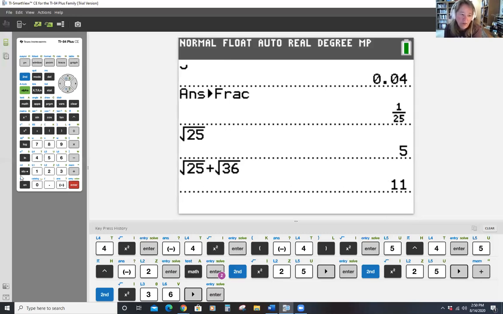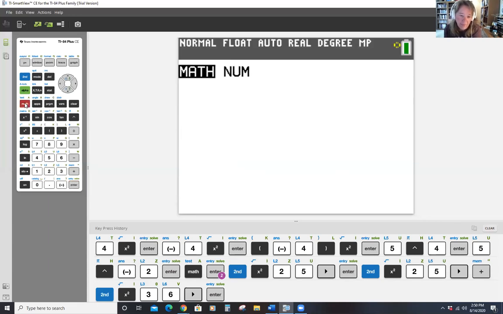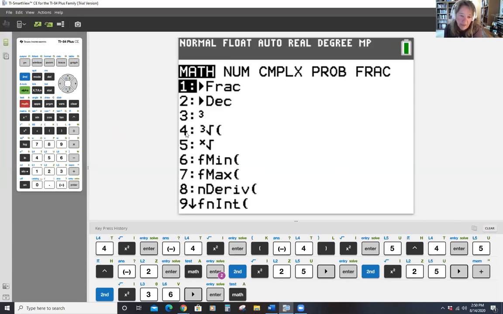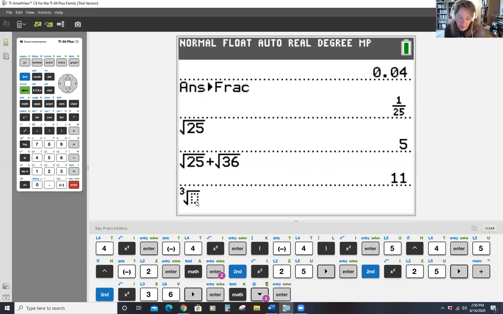It's not an important enough or common enough thing to have its own key, even in blue or green. So we've got to go to menu. So we're going to go to math again. And if you look down here at number 4, you can see it's the cube root, and then they start a square root sign, and they start the parentheses. So you're going to use your down arrow to get down there. You can hit enter. And it's the cube root of, and we're going to put the number 8 in there. Okay.